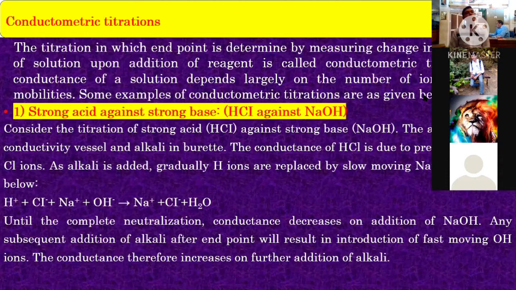A titration in which the endpoint is determined by measuring changes in conductance of the solution upon addition of a reagent is called a conductometric titration. In this titration, we determine the specific conductance of the given electrolytic solution. The conductance of the solution depends largely on the number of ions and their mobilities.